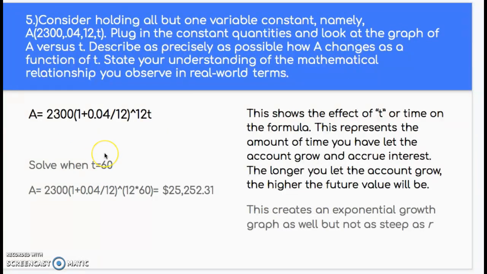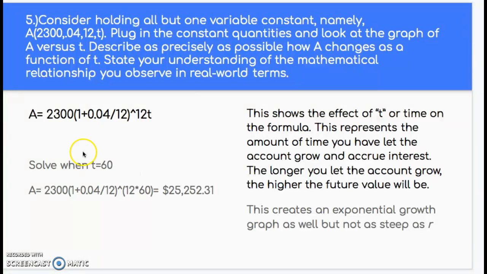Okay, so question 5, this is where we are going to see how time affects our future value. In our example, we did t equals 60, so we're going to be saving this amount for 60 years as opposed to 30. And you'll see that our future value basically went up to $25,252.31.